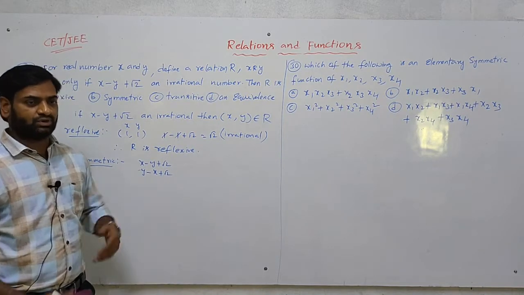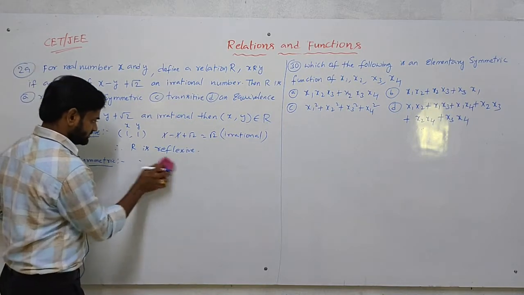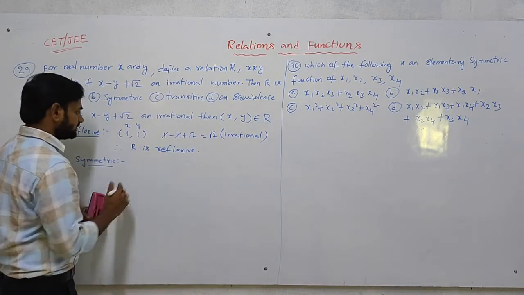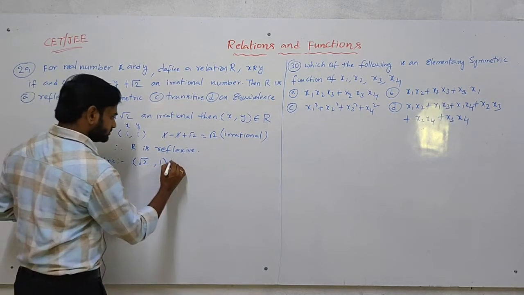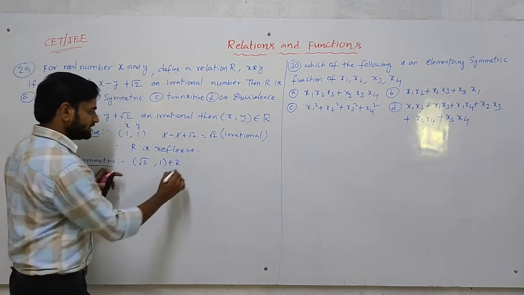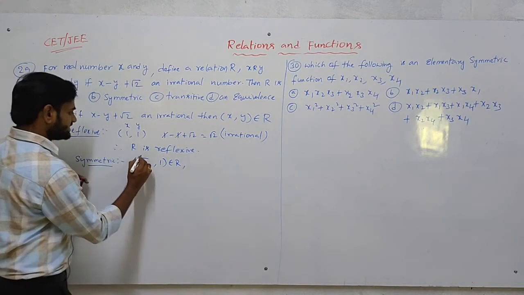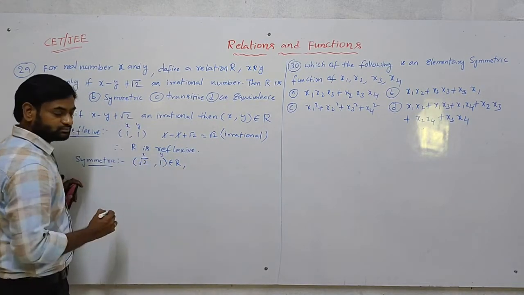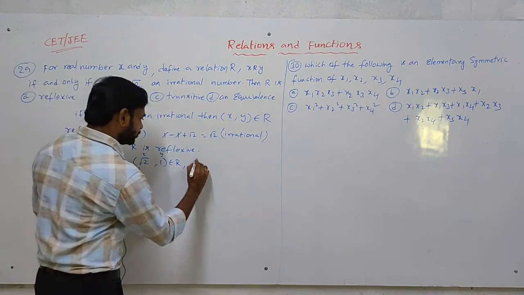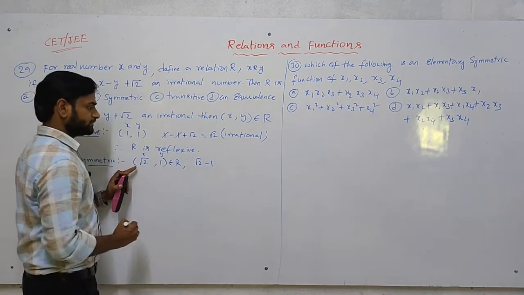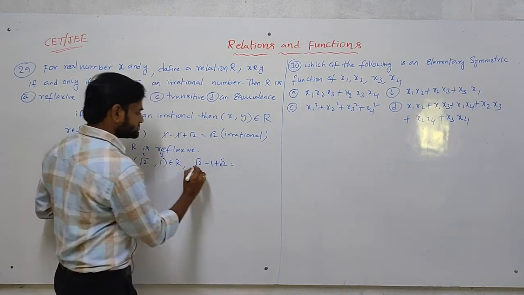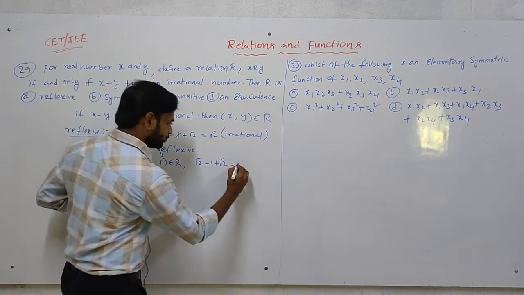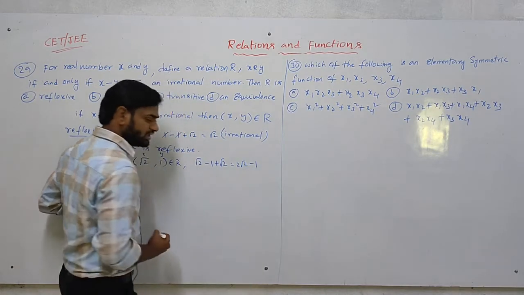Or if you want an example, see, here I am taking root 2 comma 1. Root 2 comma 1 belongs to R. Substitute: this is x, this is y. x minus y plus root 2 is root 2 minus 1 plus root 2, which is 2 root 2 minus 1.